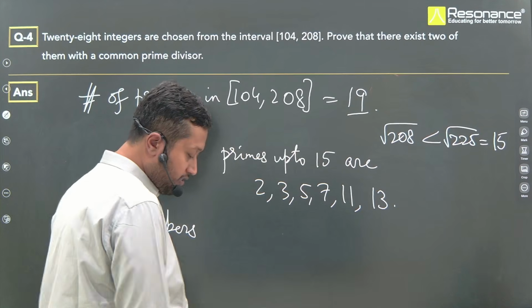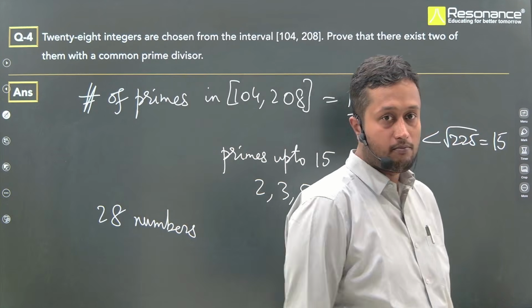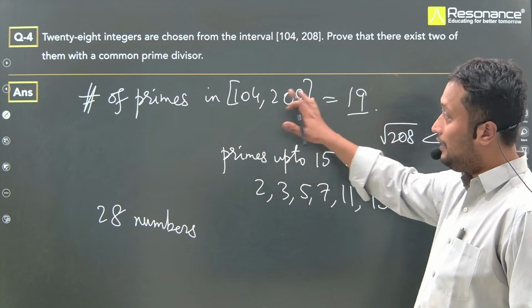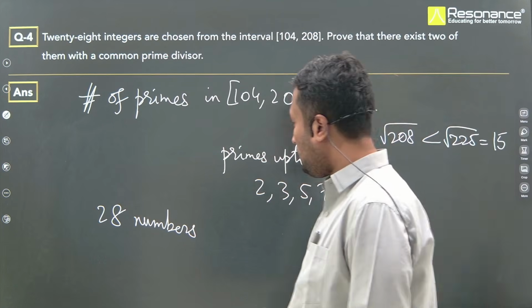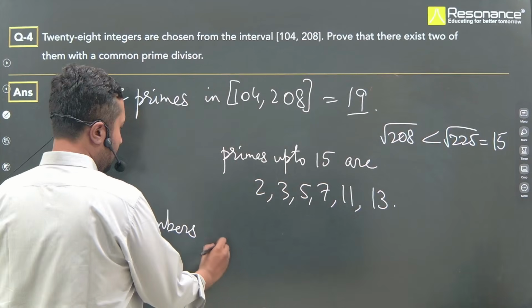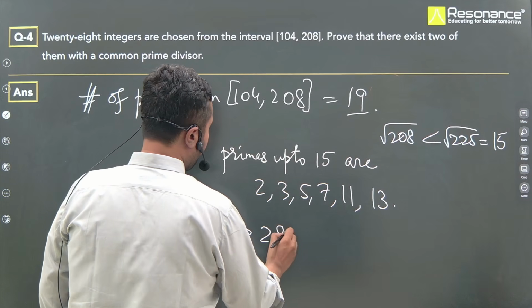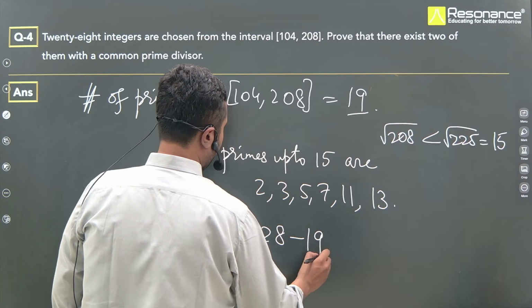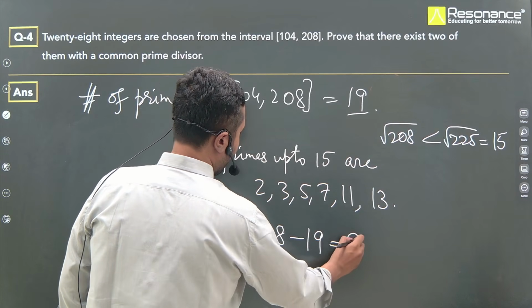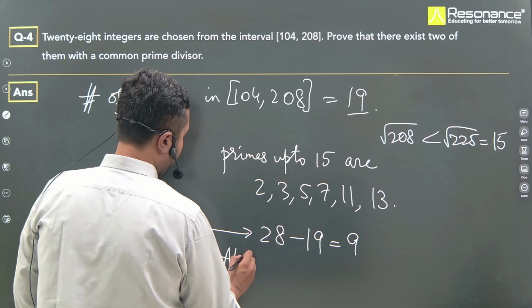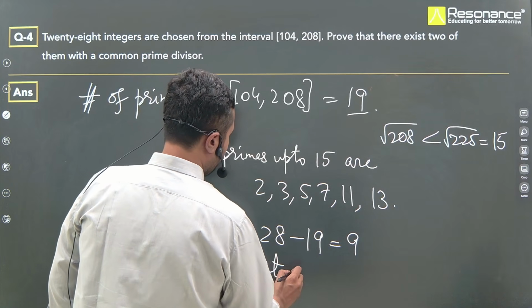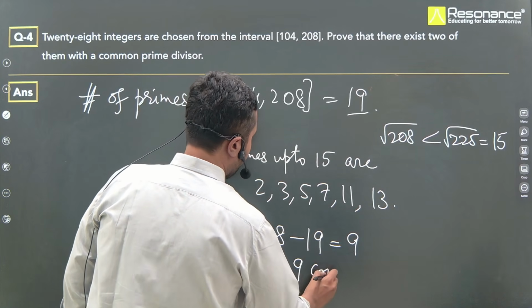Now what could happen is, maybe some of them are primes, but how many primes are really there in that interval? There are only 19 primes. Okay, so I can conclude that 28 minus 19, which is how much? 9. So I can say that there are at least 9 composite numbers.